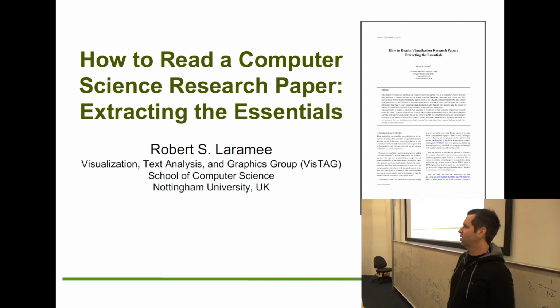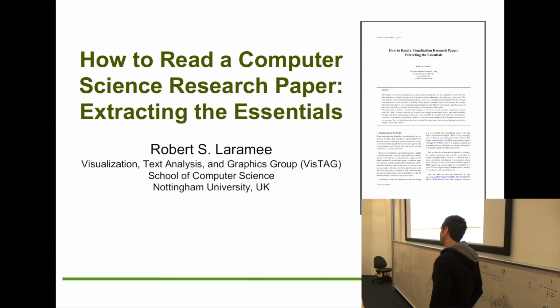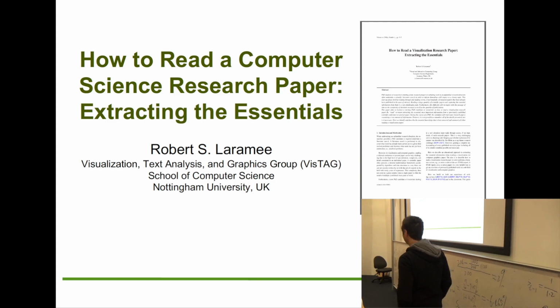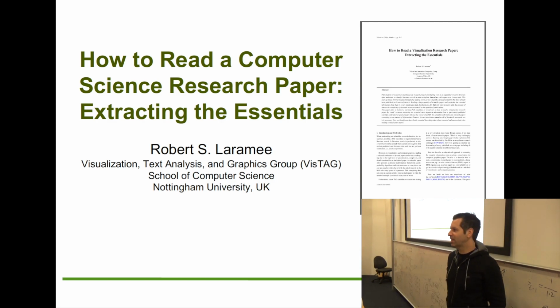So this is essentially about the first coursework, how to read a computer science research paper, extracting the essentials. I'll give everybody a little warning. This is pretty difficult, what we're going to talk about today.